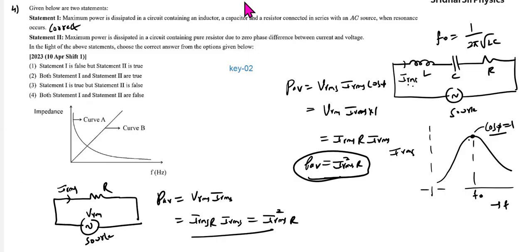And what is the voltage and current? They will be in phase. If you take the curve across the resistor, this is the voltage and this will be the current curve, and both will be in phase. If you check it, both are in phase.